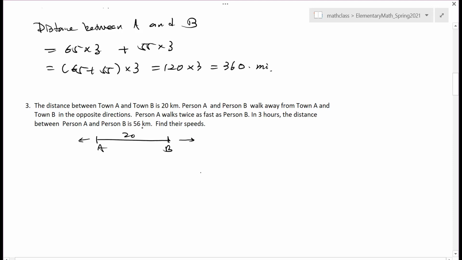Well, if you know the speed of person A, then you can get the speed of person B, right? Because person B doubles the speed. So that's my hint.